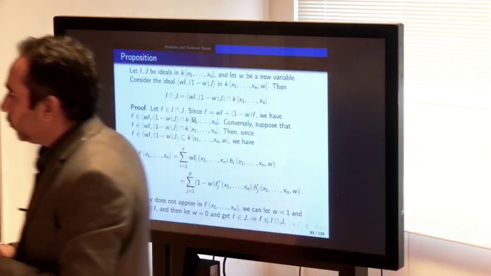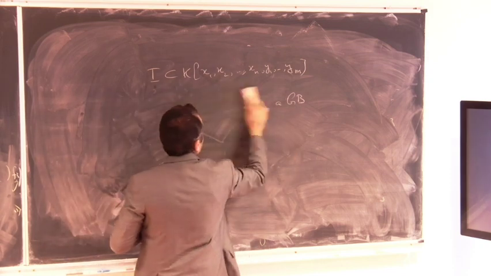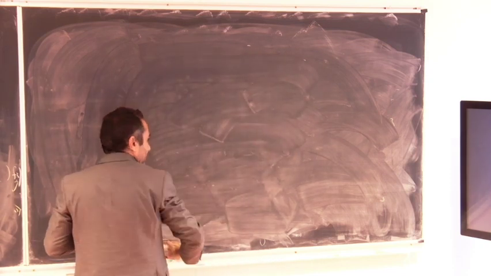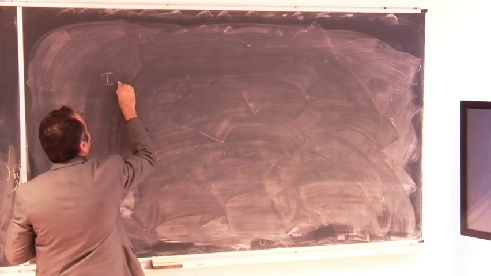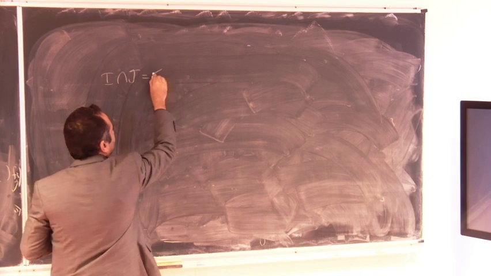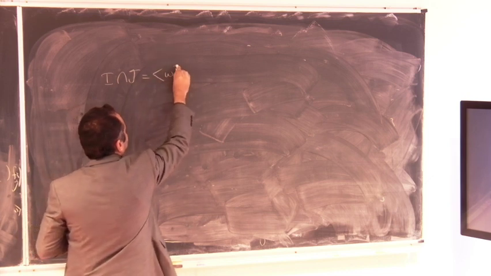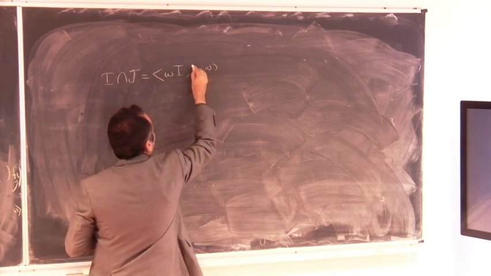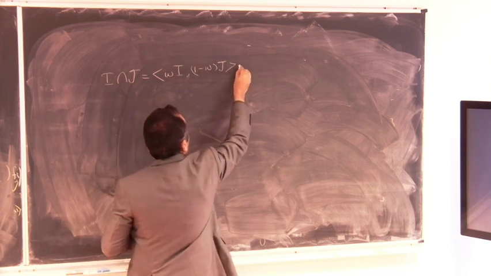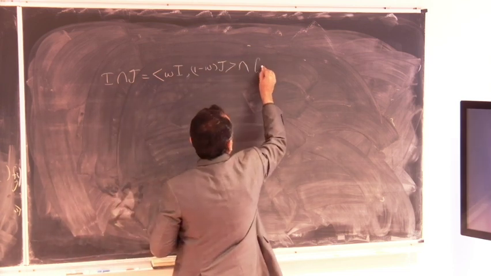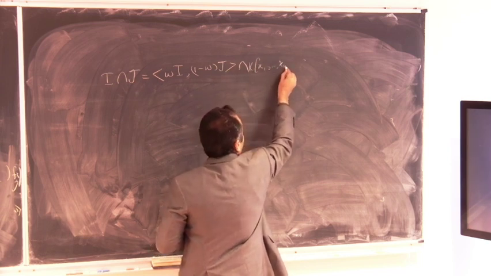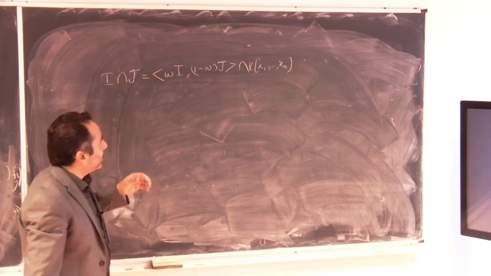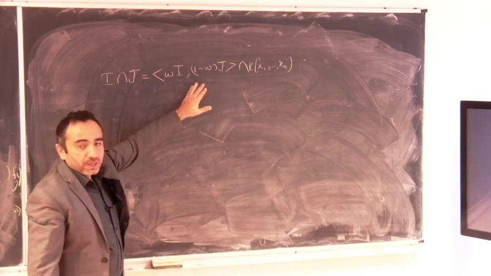That means we have I intersection J equal to w times I, 1 minus w times J, and we are taking the intersection with k of x1 up to xn. So it means that we have to eliminate w there.